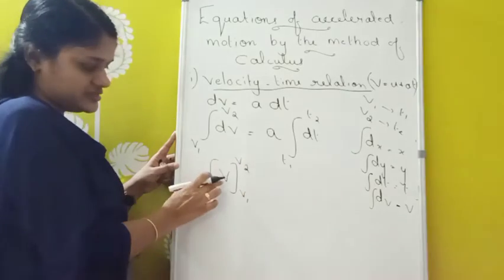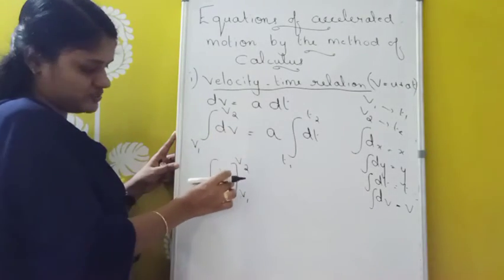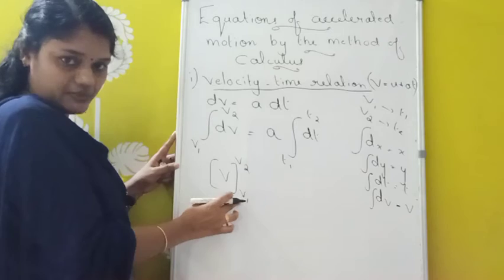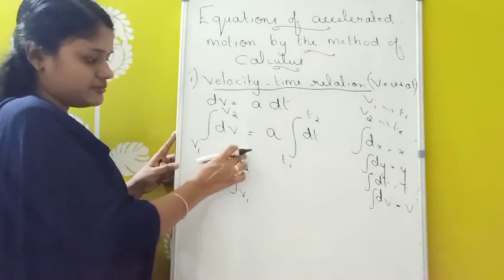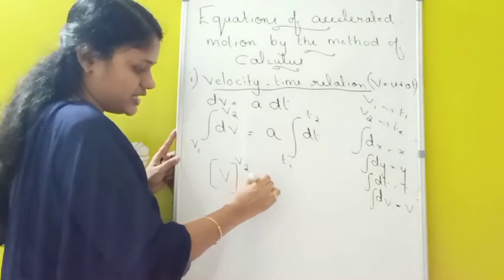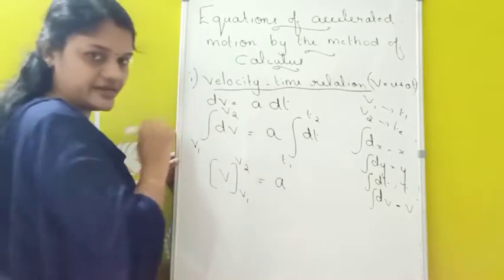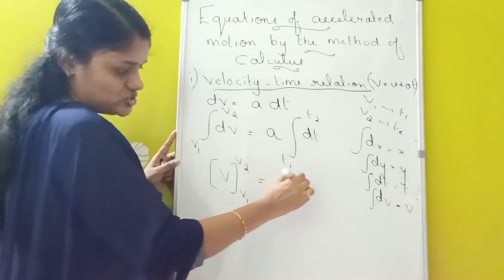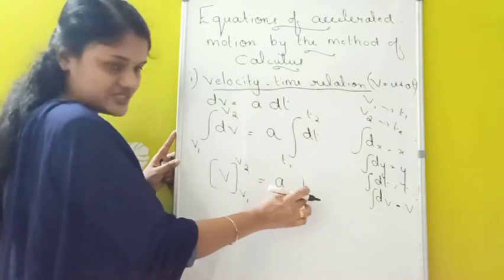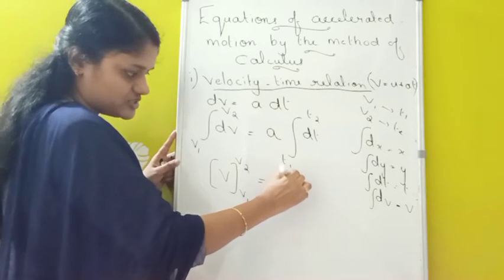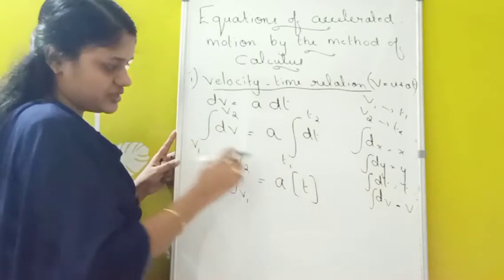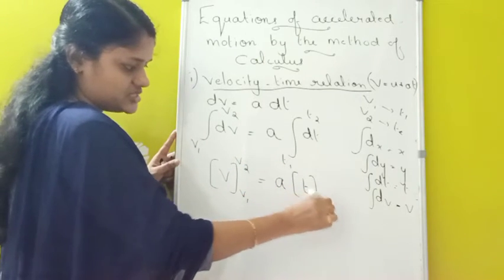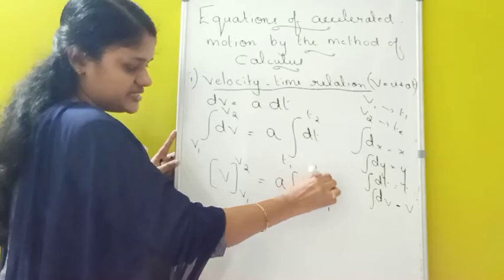This v is the integral value of dv, with lower limit v1 and upper limit v2, equivalent to a, which is a constant and can be taken outside. Similarly the integral of dt is t, so I put a square bracket with lower limit t1 and upper limit t2.